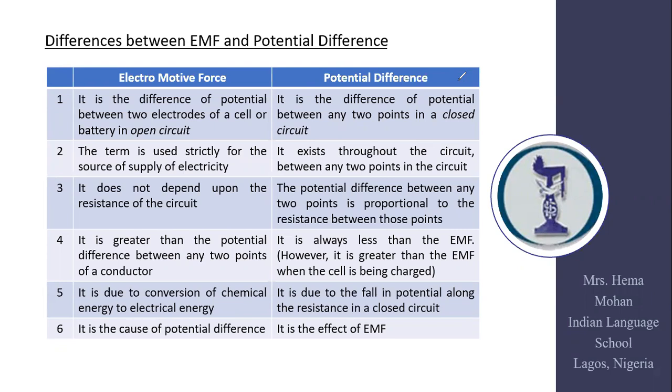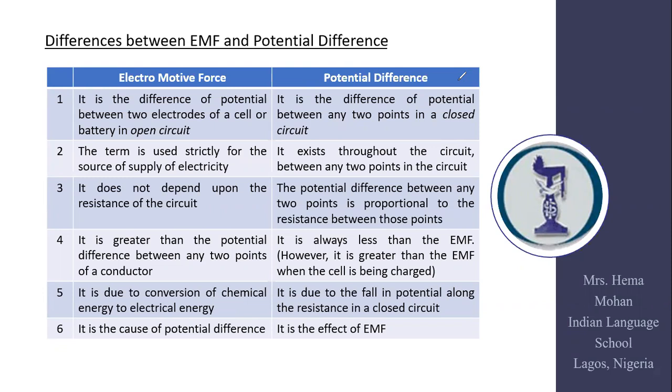As we were discussing about the two half cells, EMF is because of the conversion of chemical to electrical energy, whereas potential difference is due to the difference in work done or the fall in potential from one point to another point. So that's the difference between these two terms that are major to discuss when we are talking about a given electrical circuit or a given primary source of electricity in a circuit.